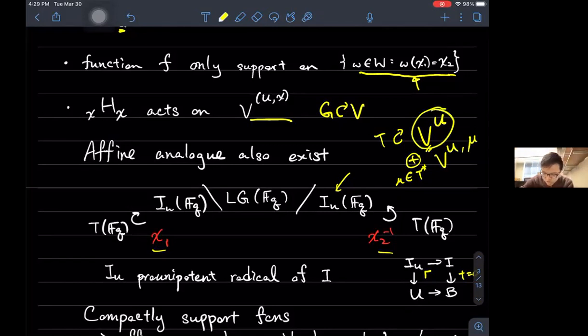So I take the U-invariants of the space and then the torus still acts on it, and then it decomposes into eigenspaces. And then I take this particular eigenspace. And then you could check this H_{χ,χ} acts on V^{U,χ}.